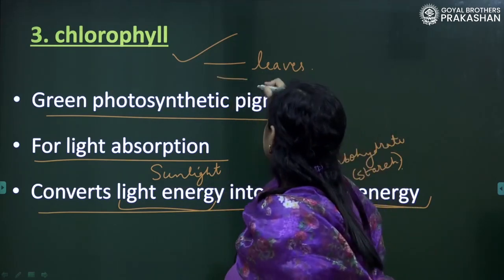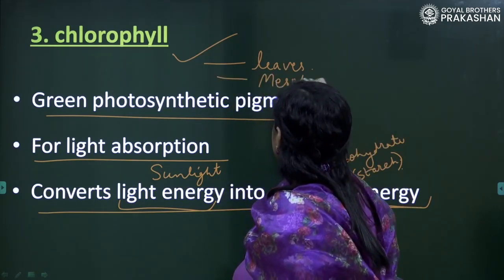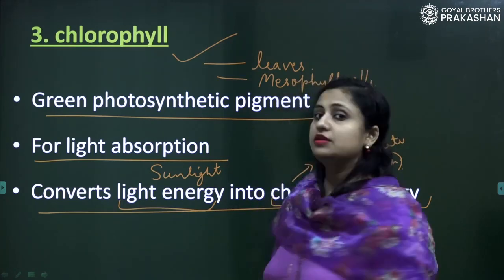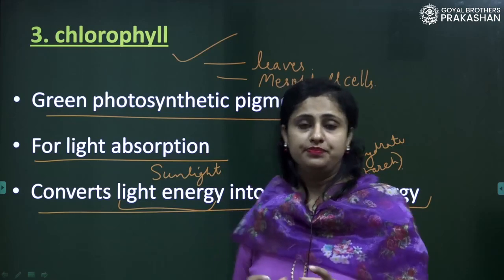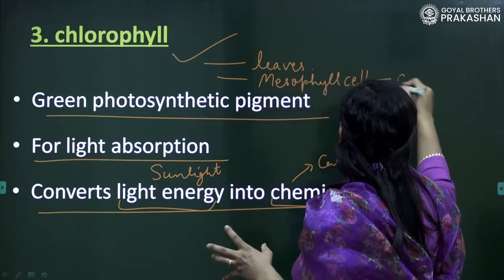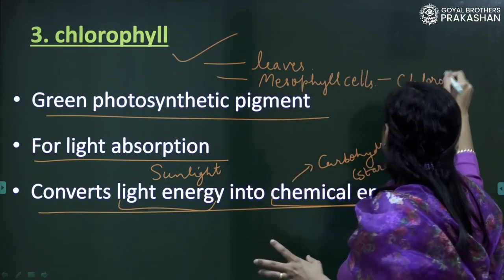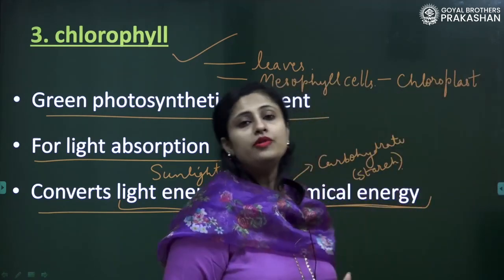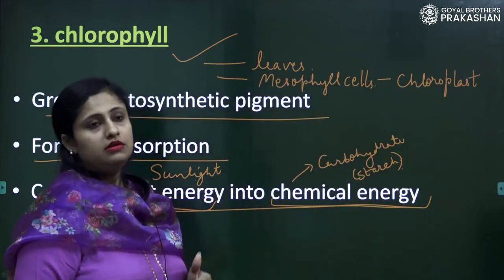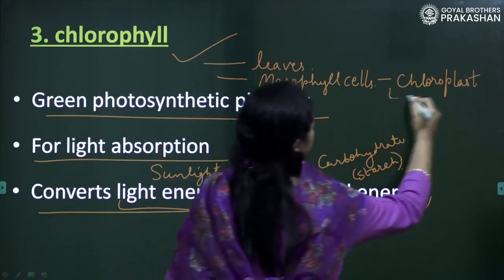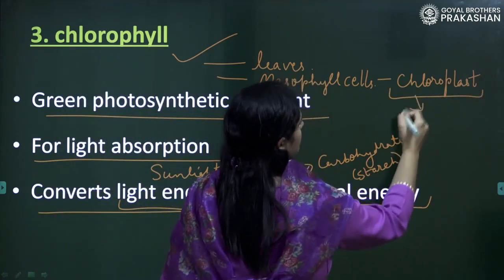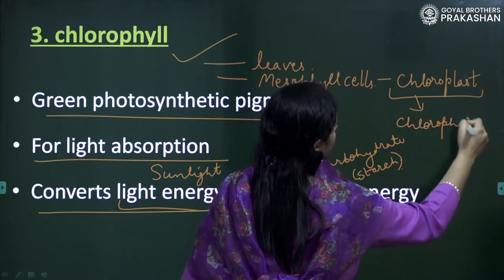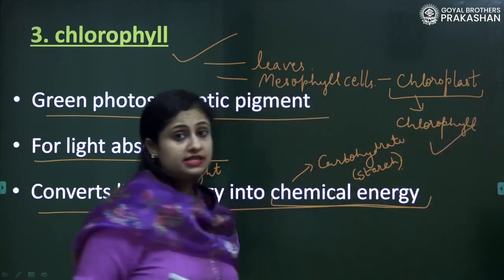In leaves, some mesophyll cells are present and inside those cells, chloroplast is present. So, this chlorophyll pigment or molecule is present in the chloroplast.